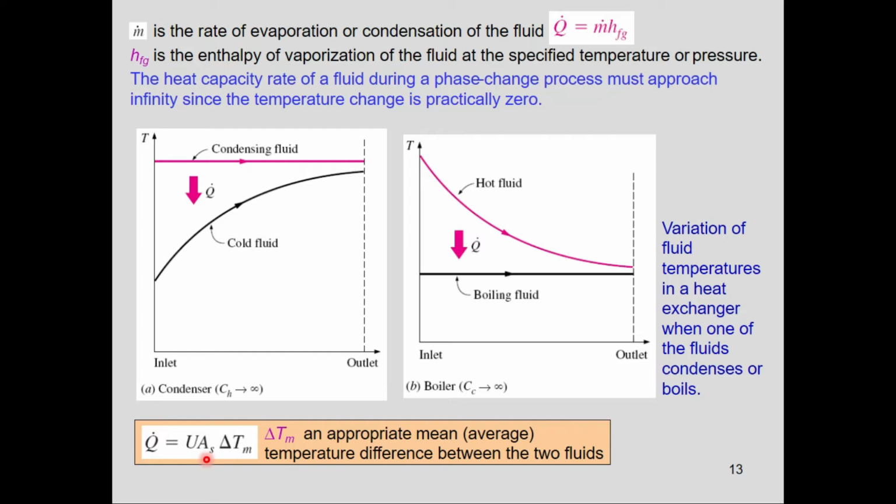The ultimate objective of the log mean temperature difference method is to determine the surface area by specifying a specific formula for this delta T. This delta T tells us the temperature difference along the length of the heat exchanger, and we will use some average value of it in order to get the value of the surface area.